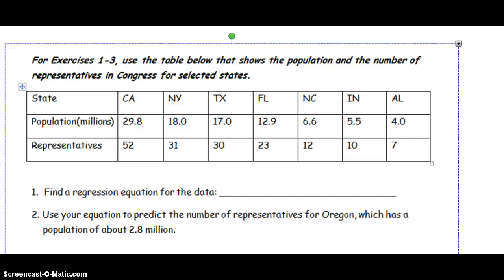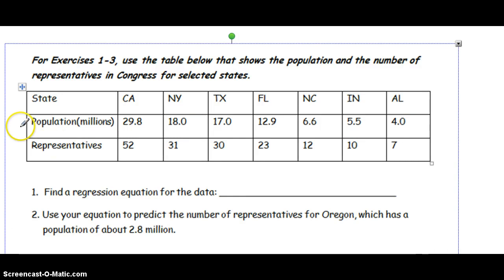And you've probably been familiar with this, that the population would be the independent variable, and based on the population of our states, it determines the number of representatives. So whenever you're looking at data and you're going to be determining an equation for it, you first have to figure out what's the independent data and what's the dependent data.